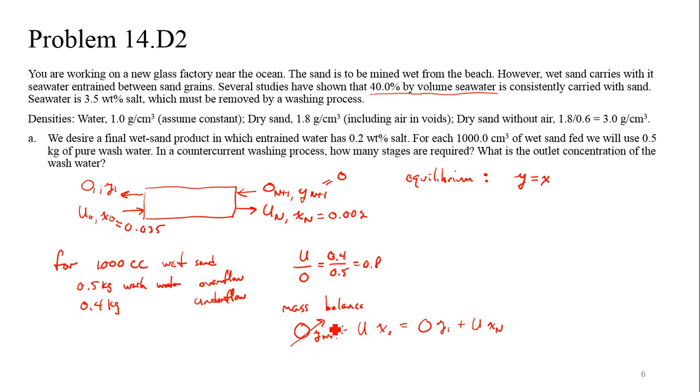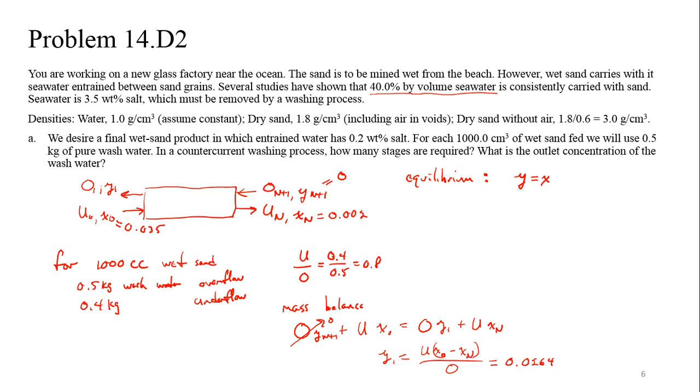This term here goes to 0, right? Because yn plus 1 is 0. So we can readily solve for y1 equal to, in this case, u times x naught minus x sub n over O, right? And you can substitute in values for this. If I did that correctly, this should give us a result of 0.0264.